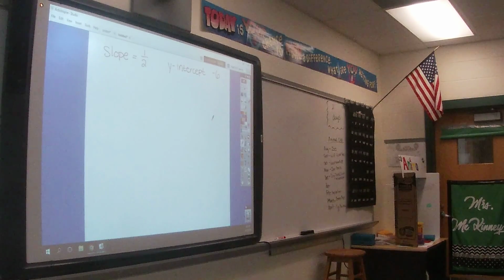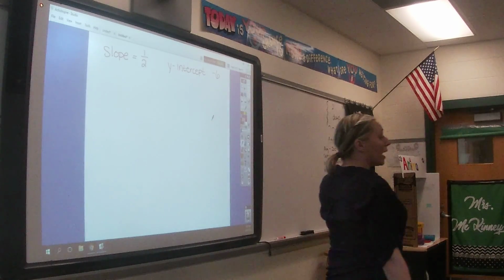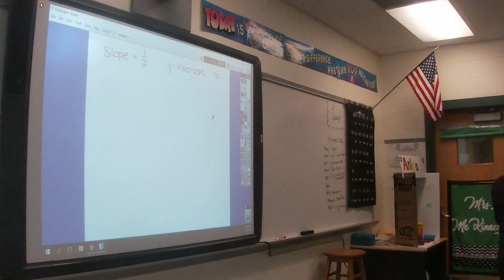Sometimes my students are like, huh? It's just the word version instead of the letter that's used to represent it. We should still recognize that we are given m and b, which means we are going to plug into slope-intercept form.